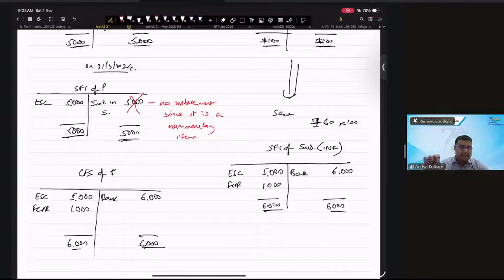In the second case, it sat in the P&L as zero, but it went and sat in the reserves as a foreign currency translation reserve, because money flow is not planned. This money flow will be realized only on closure of the subsidiary, and therefore we have parked it into FCTR. We have not taken it into the P&L.